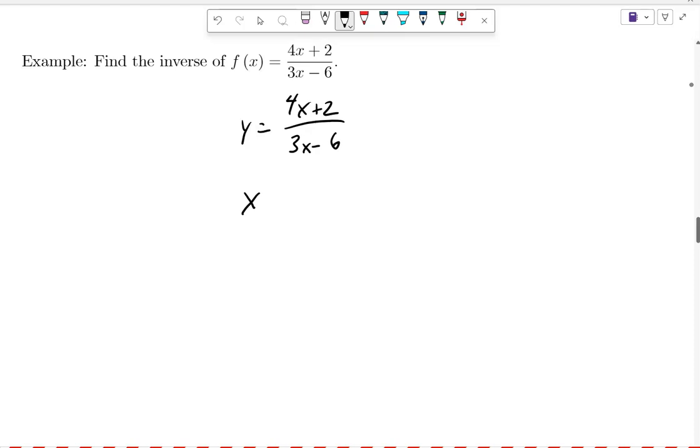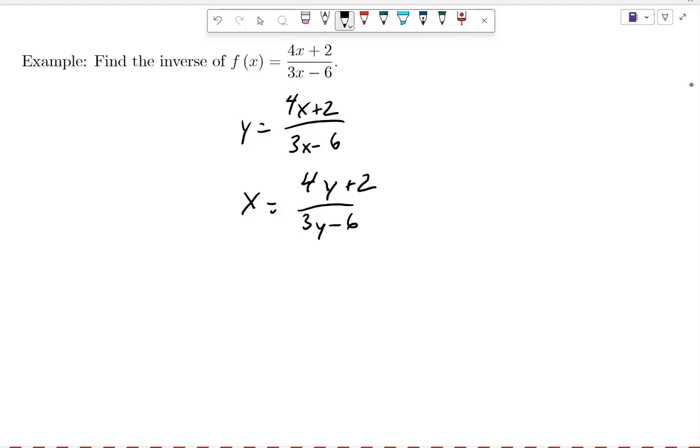There should only be one y, right? It's a function. There should only be the one y in the y equals part. So we get the equation x equals 4y plus 2 over 3y minus 6.